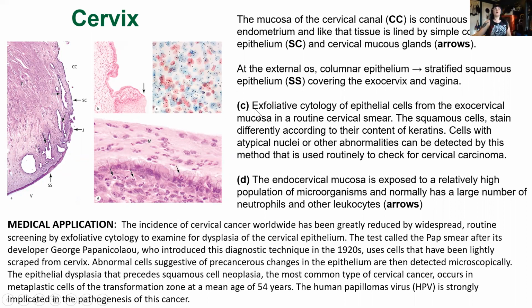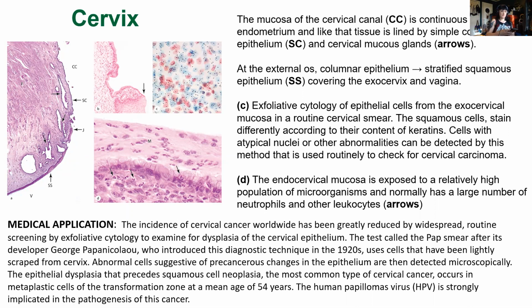So exfoliative cytology refers to taking a sampling of the exfoliated squames from the surface of the cervix, and that is known as a pap smear because it was developed by a guy named Dr. George Papanicolaou. If you're not familiar with a pap smear, let me describe the procedure to you.